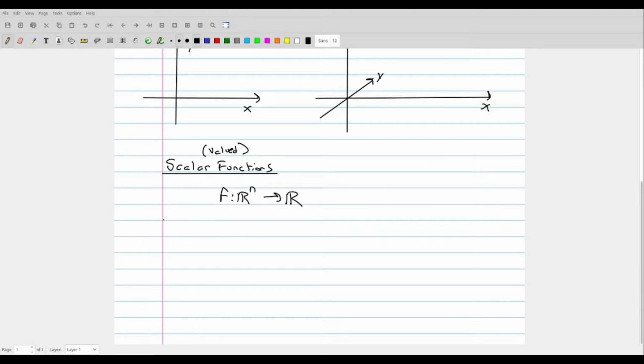Specifically, we'll consider when n equals 2, so functions of two variables.